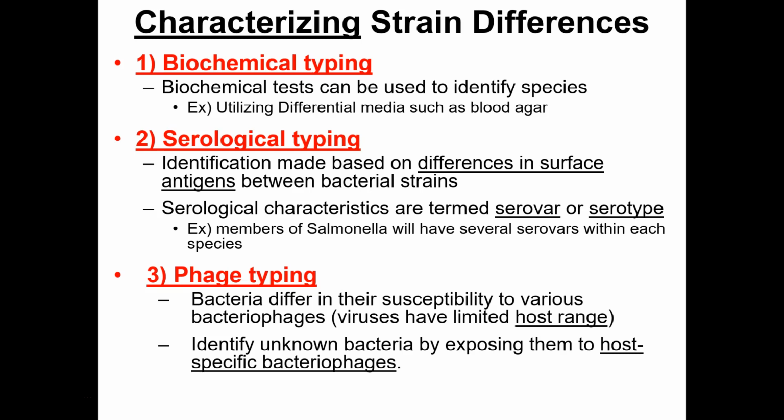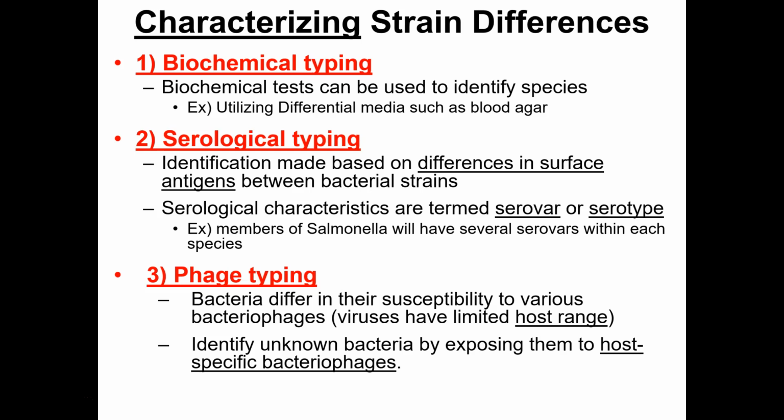Okay, it's a right time and a right place for each of these. So, biochemical typing, for instance. If there's some sort of biochemical difference between the strains that you can identify, you can use this. So, for instance, identifying different strains based on hemolysis. So, utilizing blood agar. Is it beta hemolytic or is it alpha hemolytic?